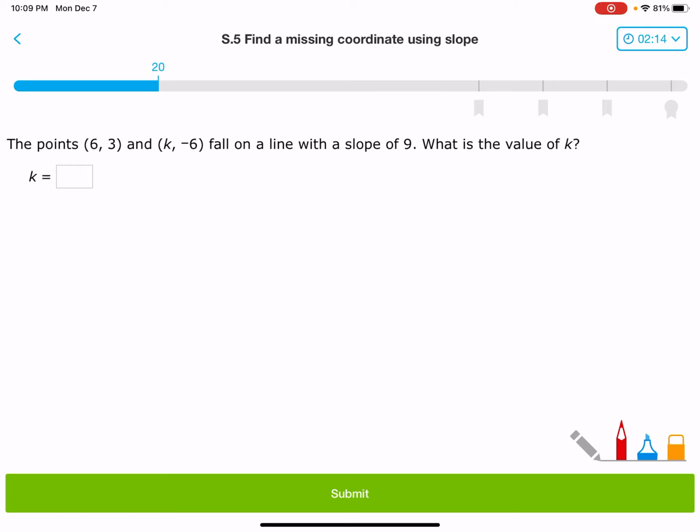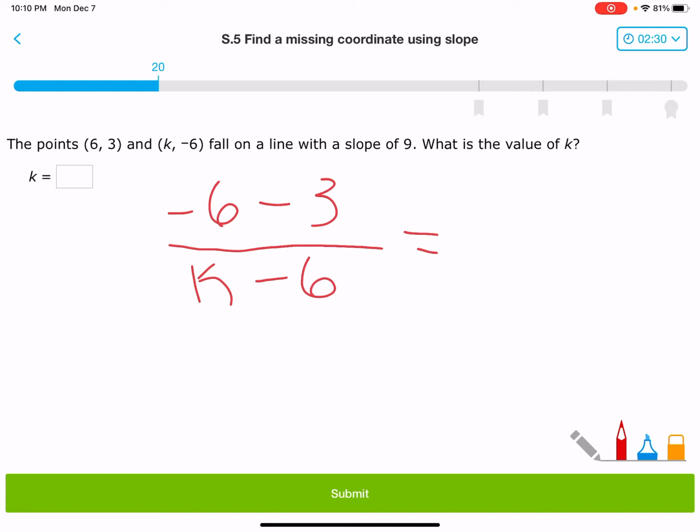Let's try one more. So we could do negative 6 minus 3. We're subtracting our y's over subtracting our x's. We just subtracted our y's and then subtracted our x's. Negative 6 minus 3 is negative 9.